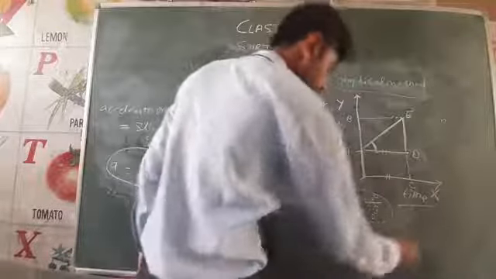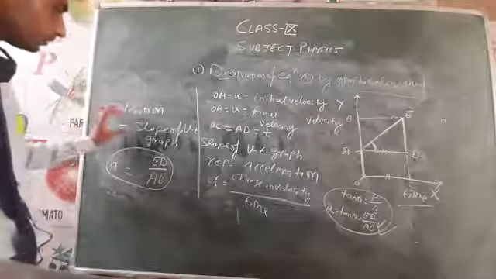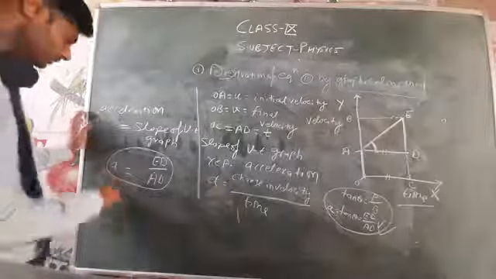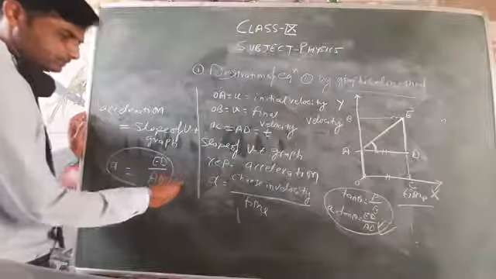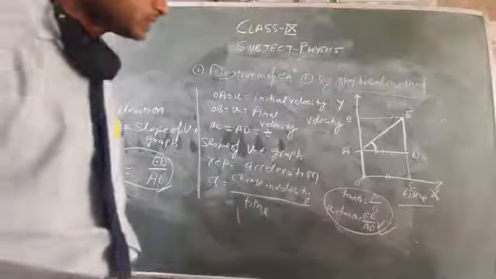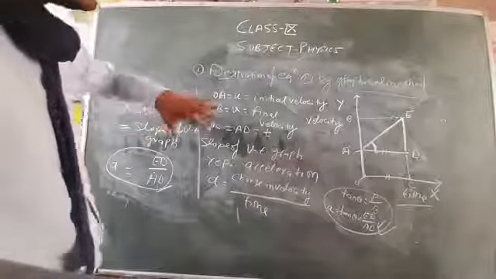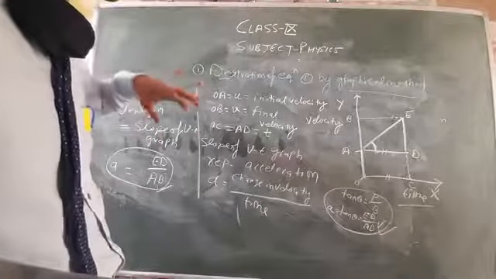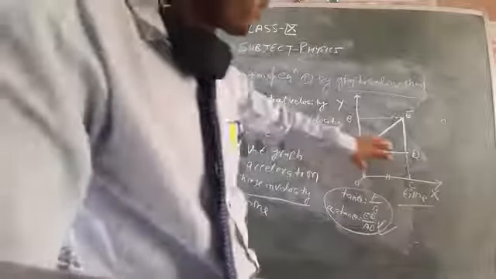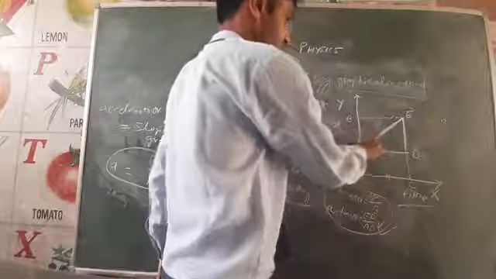So by using this concept, we can say that acceleration equals the slope of the VT graph. It means a equal to ED upon AD. Okay. So I think the values of u, v, t are clear. So by using this graph, we have to find the first equation.